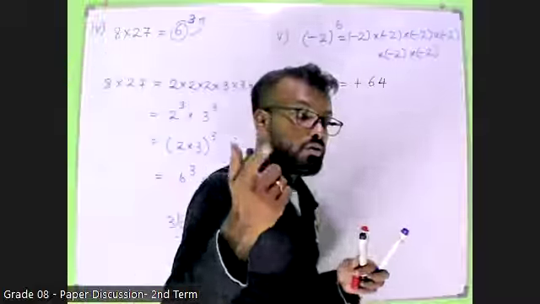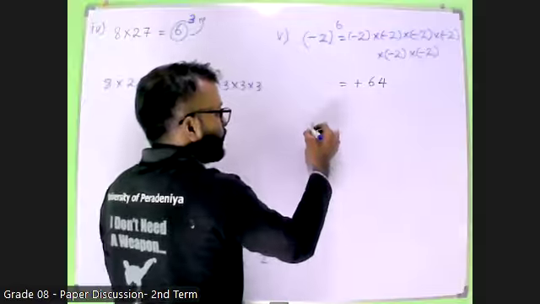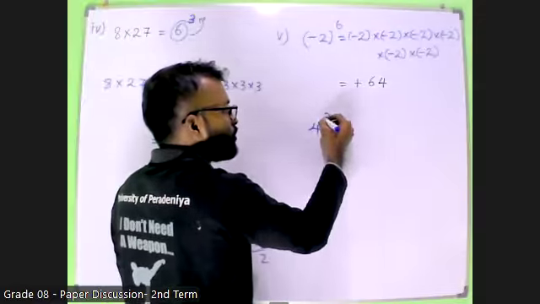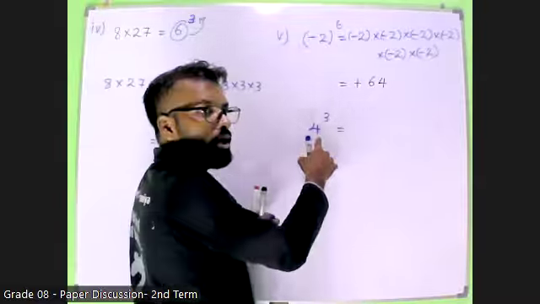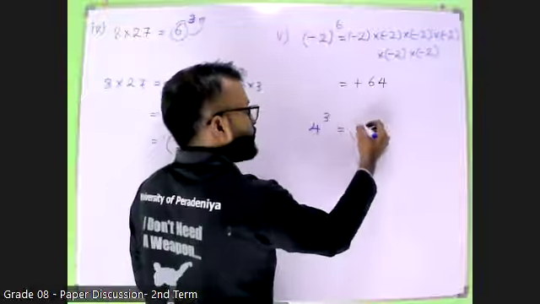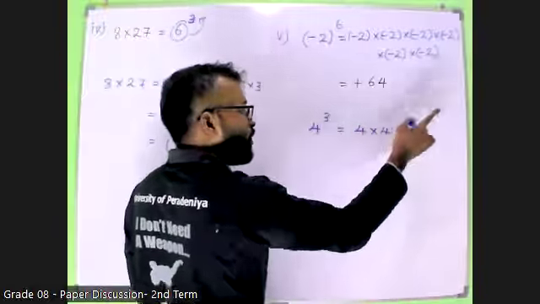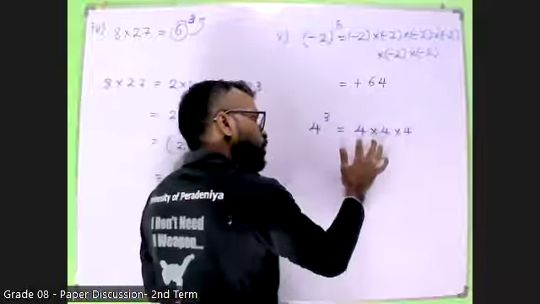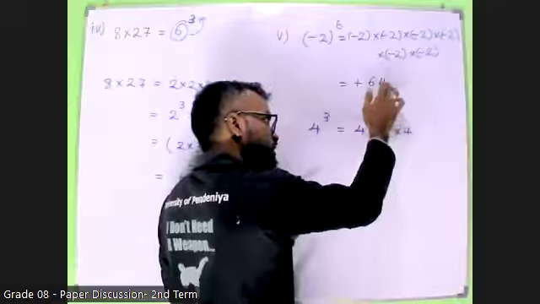So now we are going to simplify 4 to the power 3, right? Because we need to show these two are equal. 4 to the power 3. You have to multiply 4 repeatedly 3 times: 4 times 4 times 4. This is how we are going to do that. 4 times 4, 16. 16 times 4, 64.